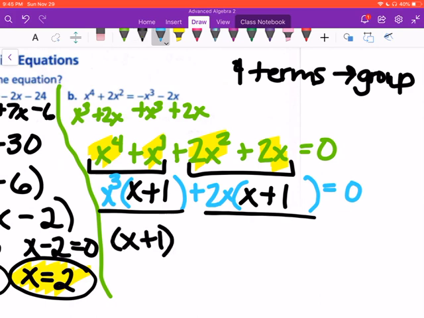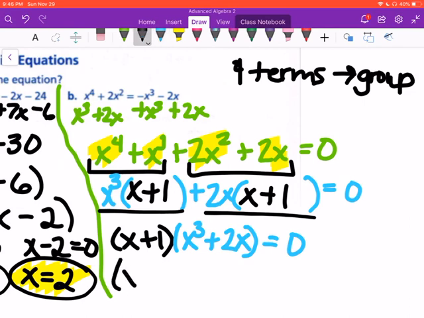That leaves me with an x cubed plus 2x equals 0. And with the x cubed plus 2x, I noticed there's a greatest common factor, so I could factor out an x from that group. So bring down the x plus 1, factor out an x, and x squared plus 2.